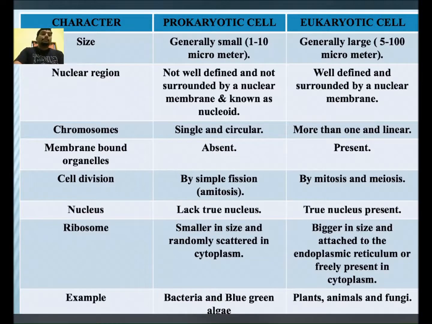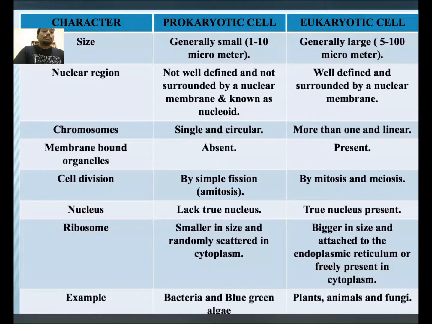Membrane-bound organelles are absent in prokaryotes and present in eukaryotes. Nucleus: in prokaryotic cells there is a lack of a true nucleus, but in eukaryotic cells a true nucleus is present.